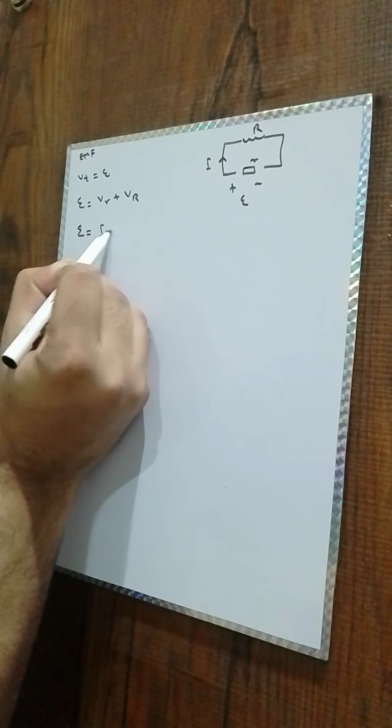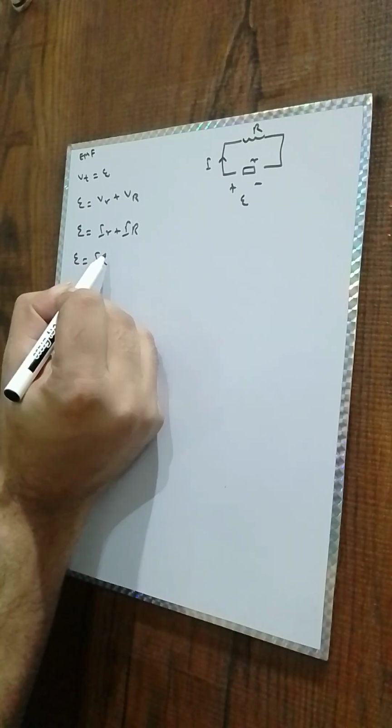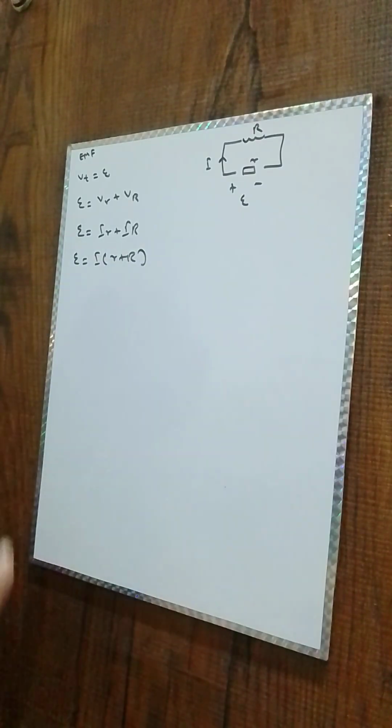So the form it will take is Ir plus IR, if you know what I mean. So I into R plus r.